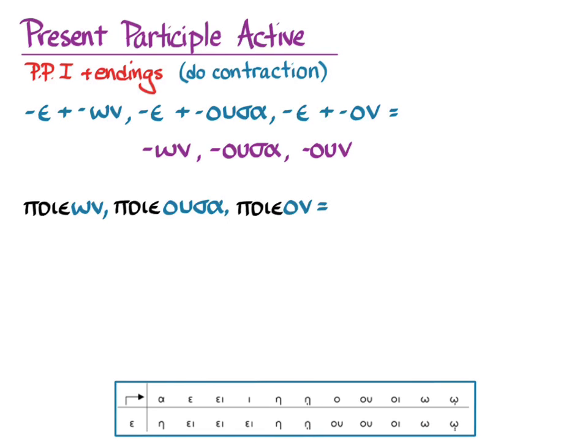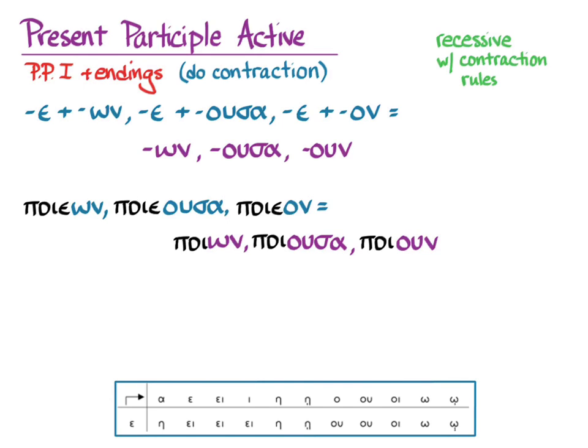So if we do that with our demonstration verb, we'll get poion, poiousa, poioun. We're going to go ahead and put the accent in now, which is recessive according to contraction rules. So on the uncontracted forms, it looks like that, and that means it goes here on the contracted forms.